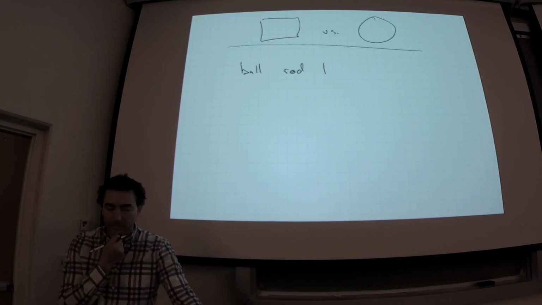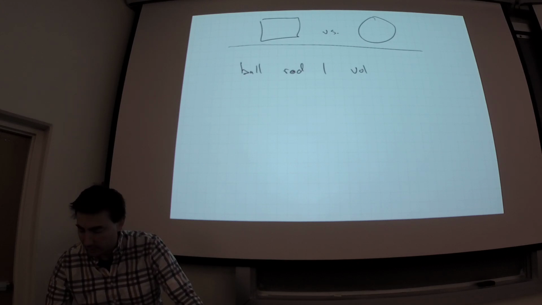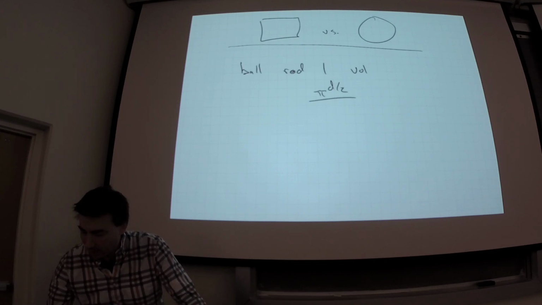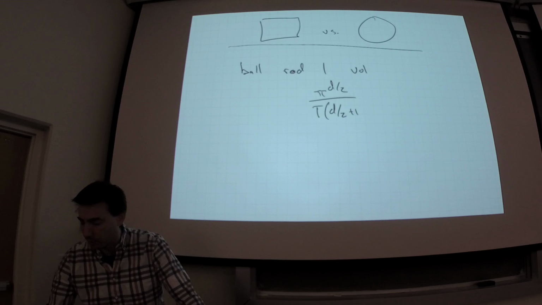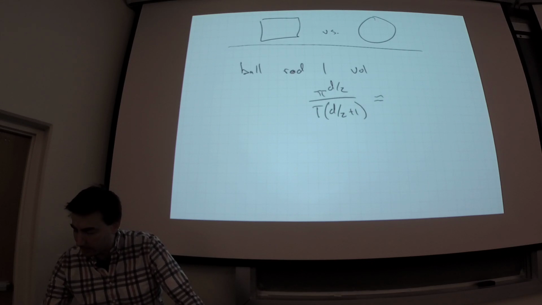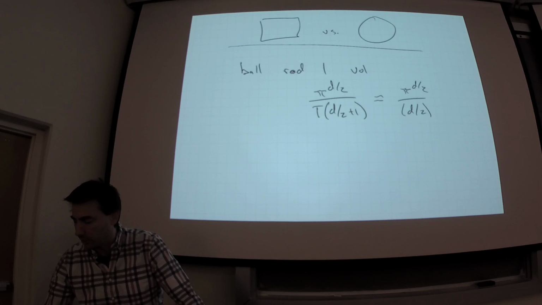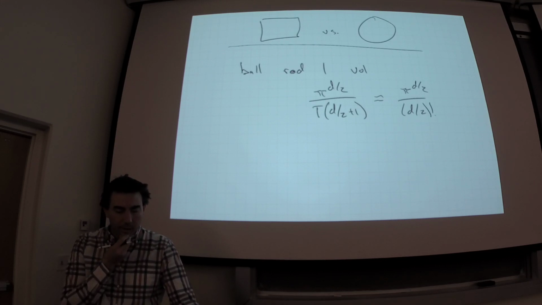A ball of radius 1, and I want to say its volume. If you don't know this offhand, it's pi to the d over 2 times the gamma function of d over 2 plus 1, times the radius to the power d. This is approximately pi to the d over 2 divided by d over 2 factorial, right?